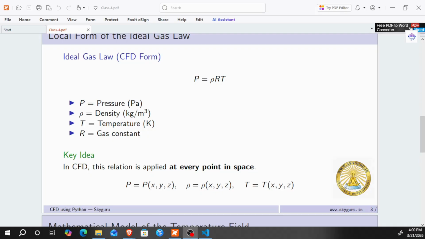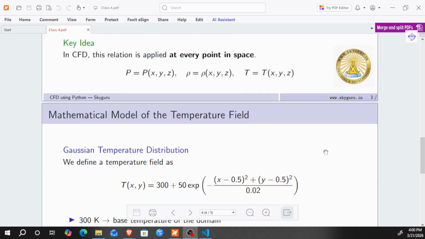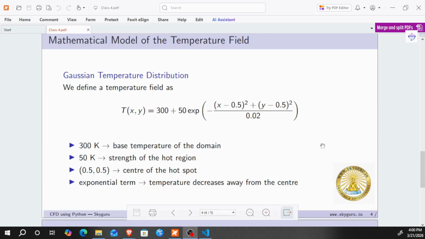So to model the pressure field using the ideal gas law in Python programming, we will also need a temperature field. If you remember the last lecture, we used the Gaussian temperature distribution, where we put the temperature source at the center of the square, which is at 0.5, 0.5 in x and y.